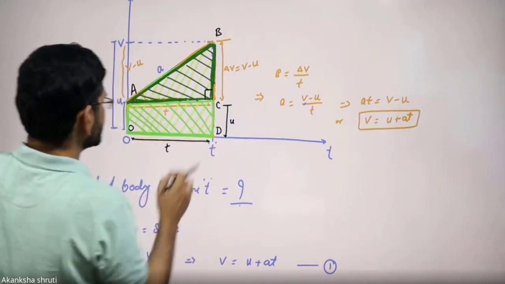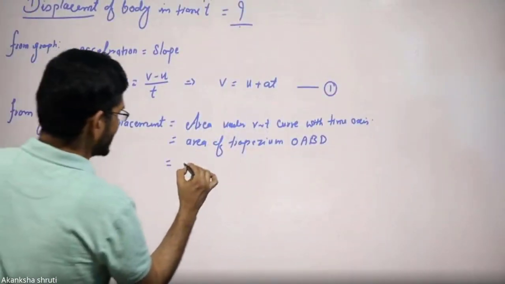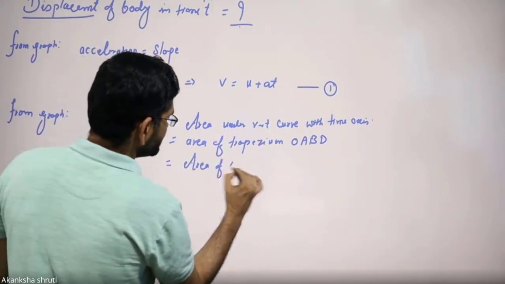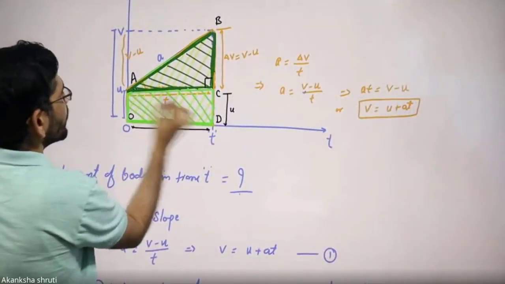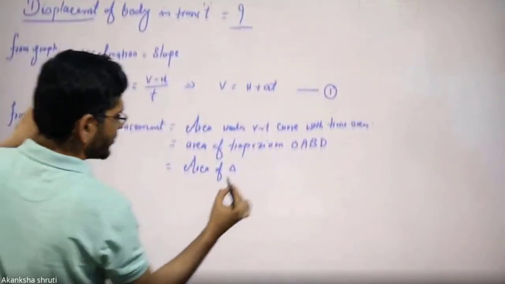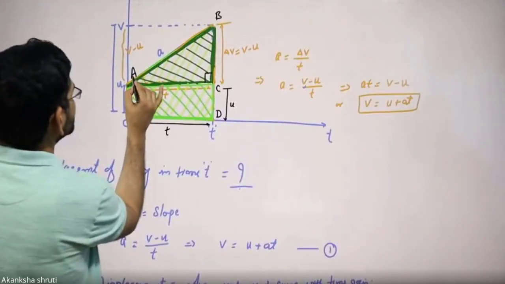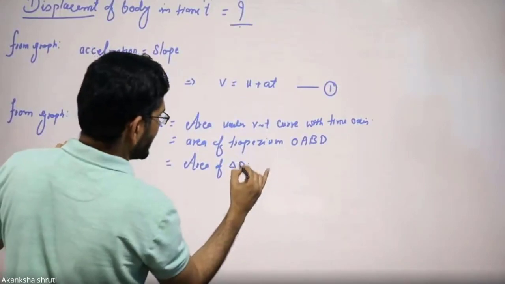Okay, this we have to write now. Therefore, the area of trapezium can be calculated by the area of the triangle. Students, mark it. ACB.